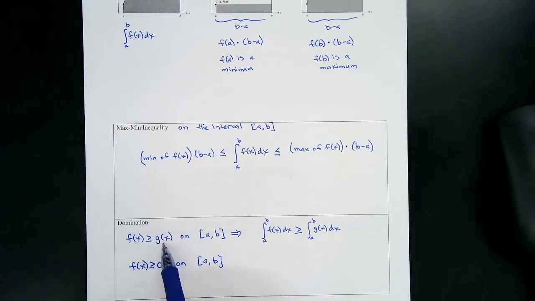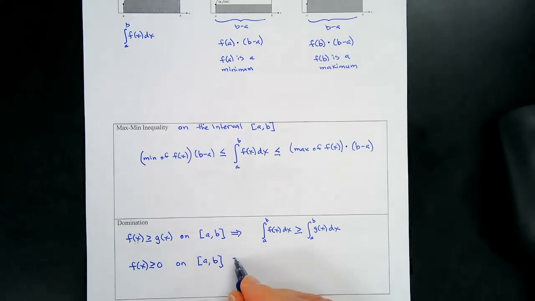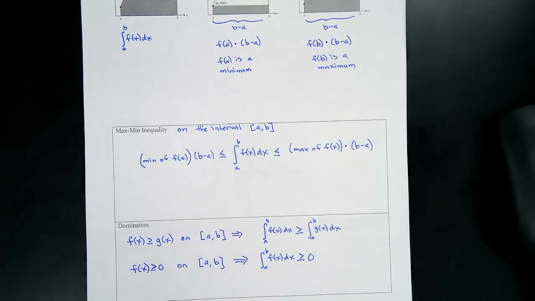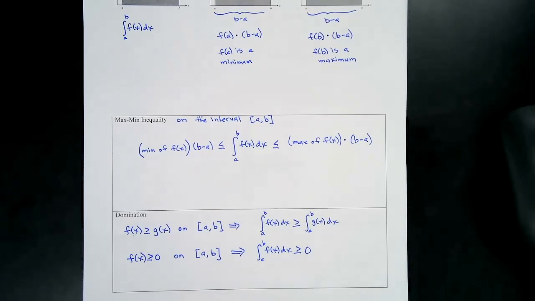This is just a special case of this one where g of x is 0. So what this is telling us is that the integral from a to b of f of x dx is going to have to be greater than or equal to 0. So it's going to have to be positive or 0, and the only way it's going to be 0 is if f of x is 0. All right, there are our properties.